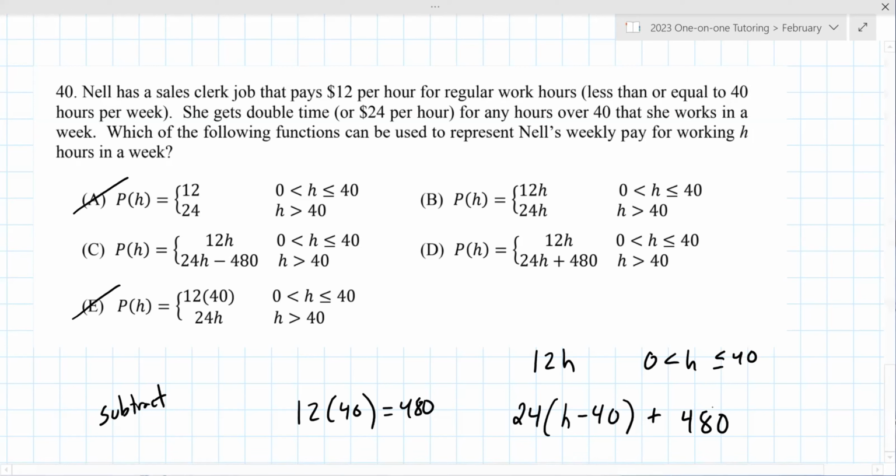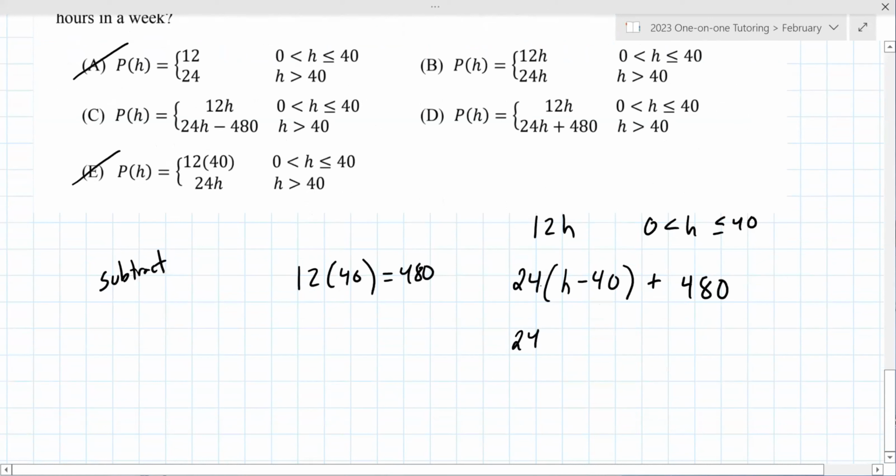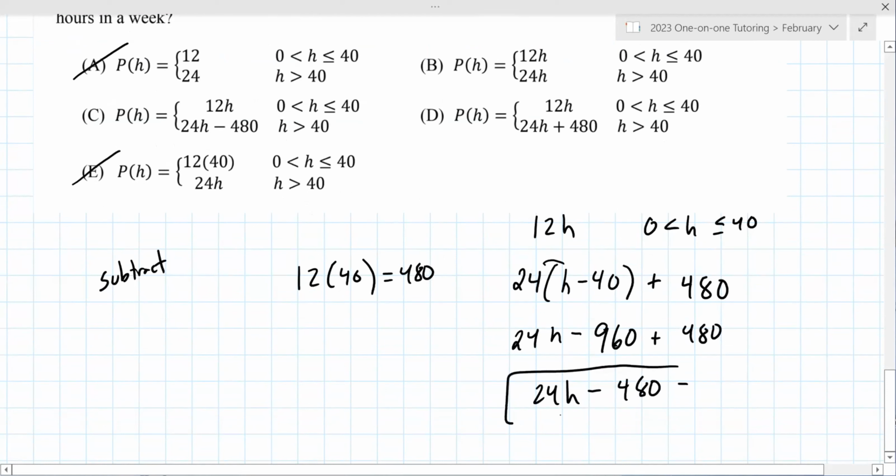Plus 480. Okay. So you notice like none of those are there, which means you just have to simplify this. You have to take 24 and multiply times h, 24 times 40. So that'll end up being 960 plus 480. And then 24h minus 480 is your final answer for the second one. And that's for h greater than 40.